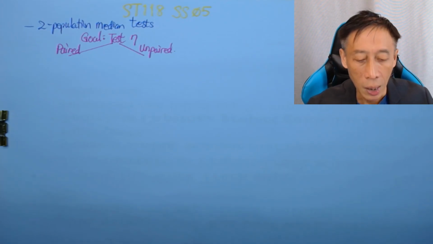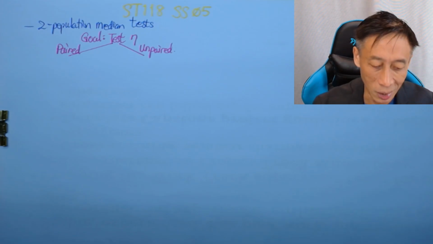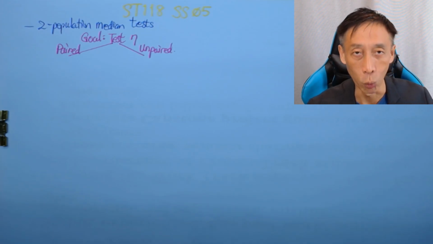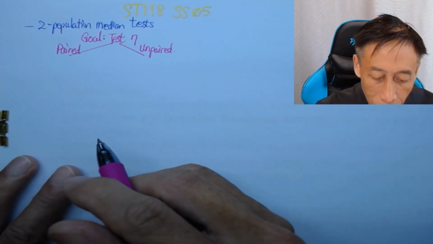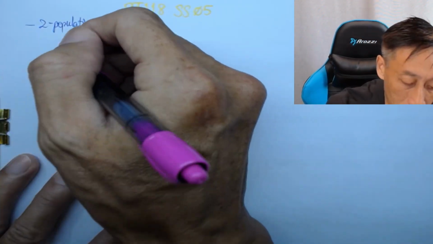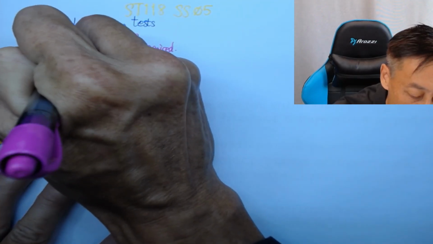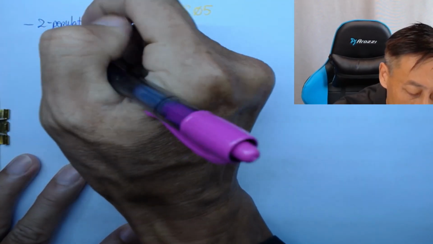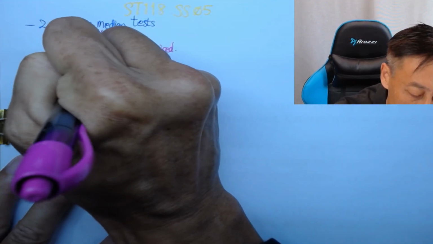So we still need non-parametric test methods that will allow us to carry these out in a way that is statistically fair and reliable. Under the paired test, we will use the Wilcoxon signed rank test.